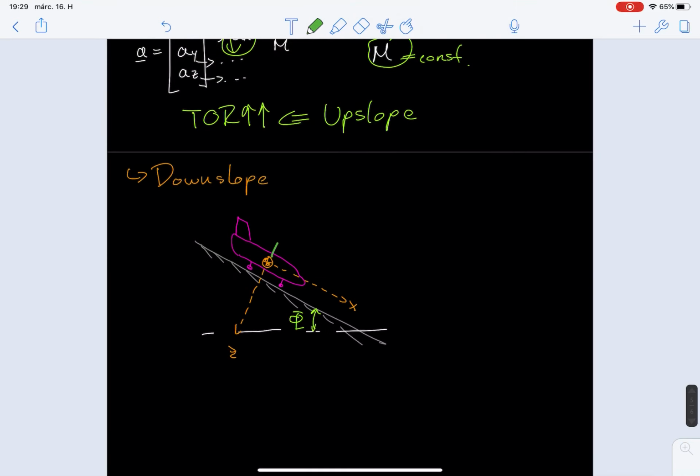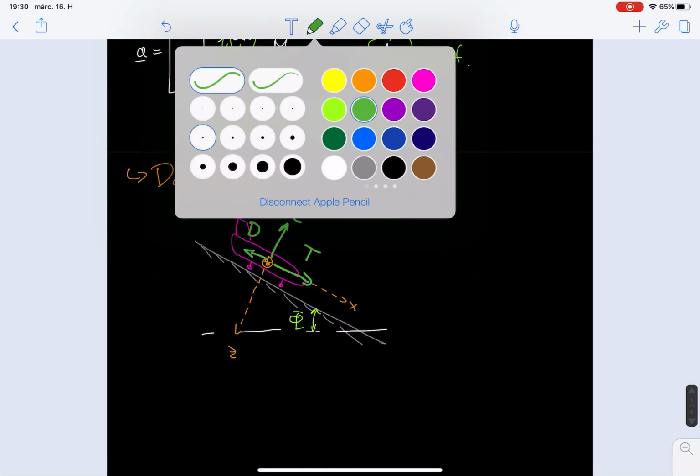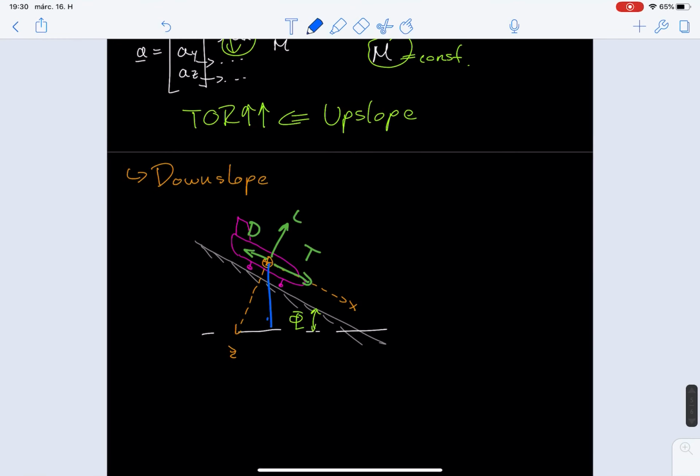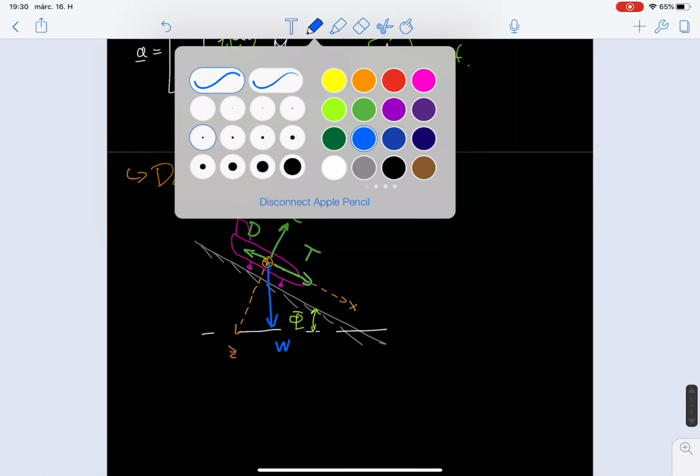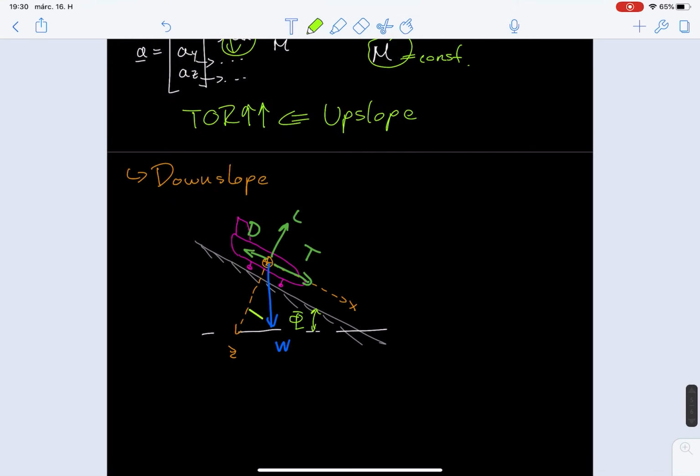basically we're going to have the lift, we're going to have the drag, which we can presume is the same, and we have the thrust, and we have the weight. And this is what's going to be interesting, that the weight is going to be broken into two components yet again.